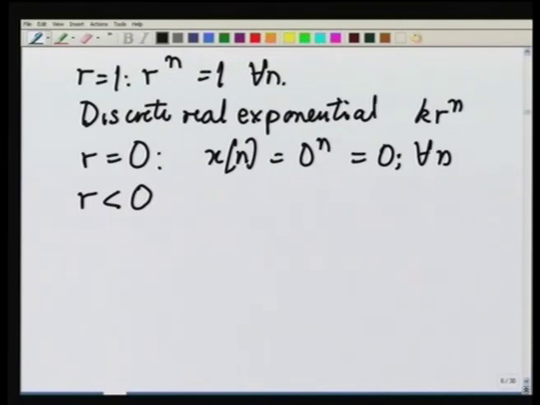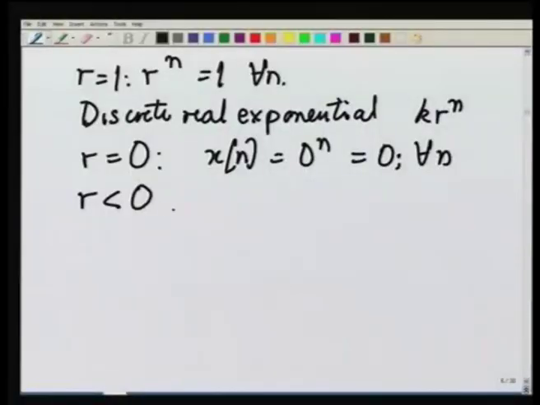When r is less than 0, which we do not consider, there is no problem, but theoretically there is no problem considering it. So, let us go on and see what happens when r is less than 0.